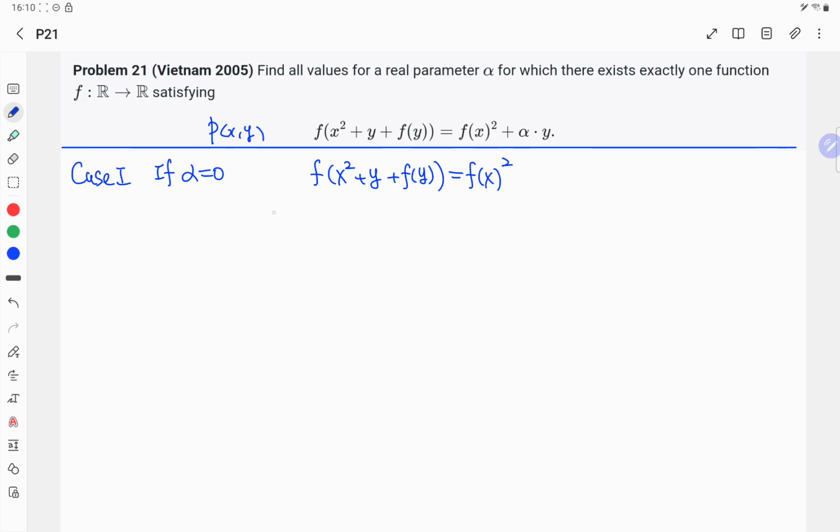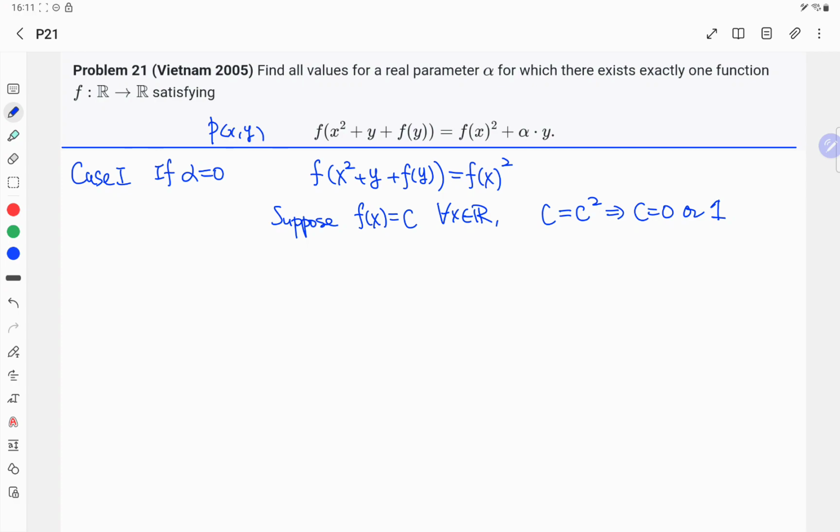In that case, we suppose f of x equals a constant c for all values of x. If we plug this solution candidate into the functional equation, the left side is c and the right side is c squared, which means that c equals 0 or 1 for this constant function case.